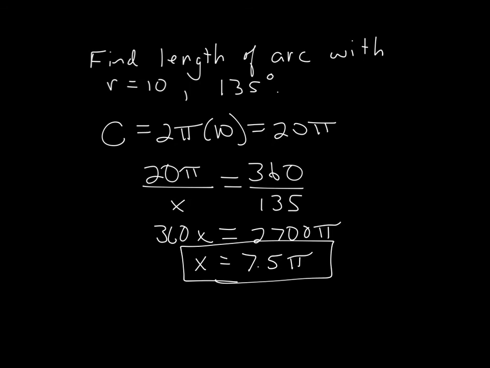Let's think about that one, and we'll call it a day here. This video is the only new thing in the lesson. I think these are enough examples to get you going, but let's think about this. The whole length around the circle is 20 pi. 135 is a fairly small portion of that. Compared to 360, 135, quickly calculating, is about a third.